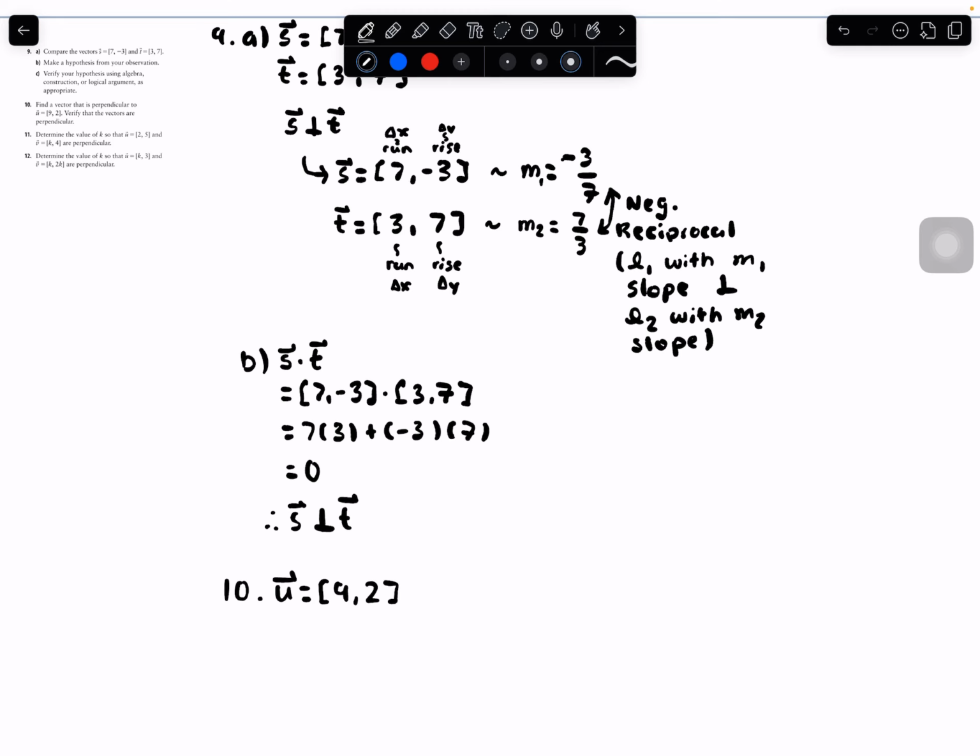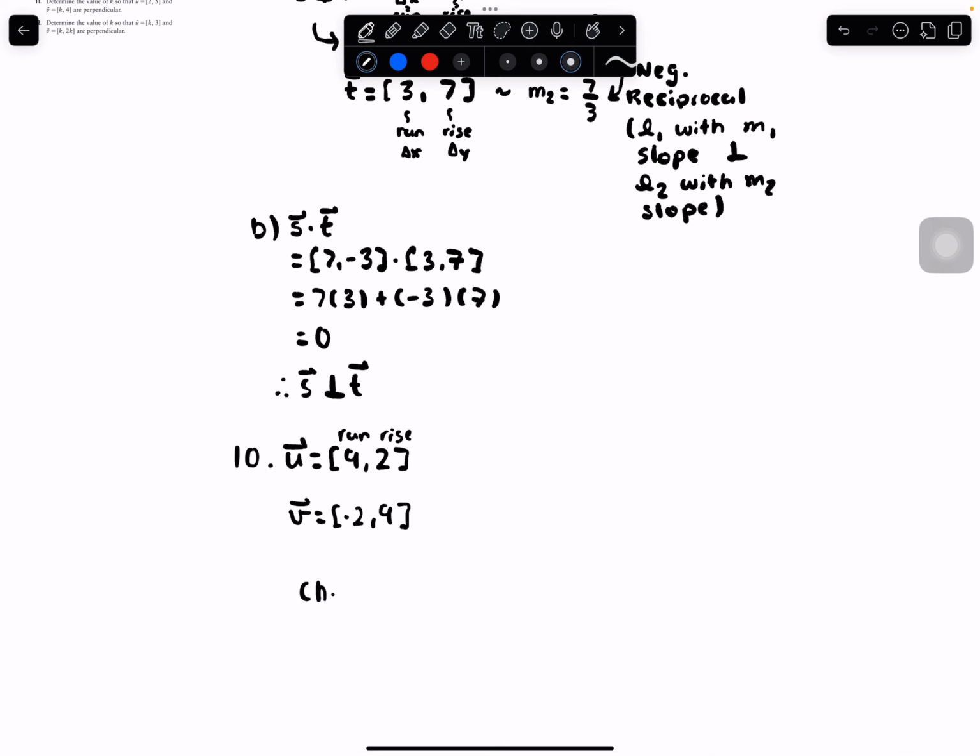And I'm going to say the vector v, again, if I think of this as a run and this a rise, then -2, 9 should be perpendicular. So let's check.